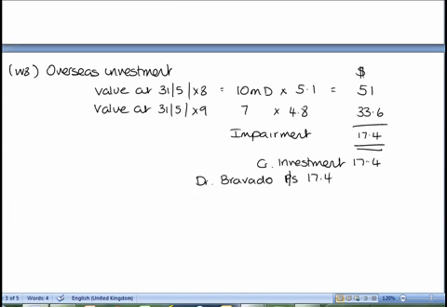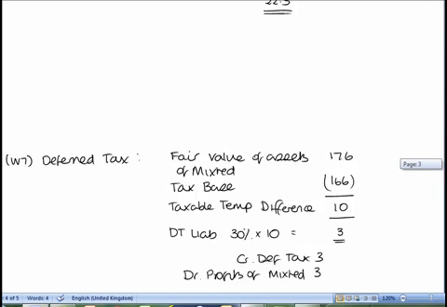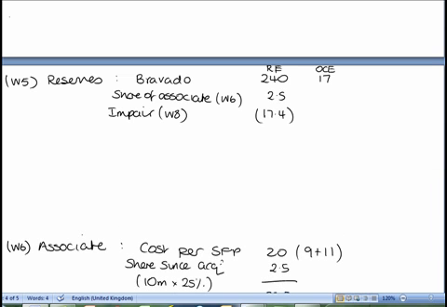Let me try to be consistent with them. Right, they've put it through OCE, so I'll put it through OCE. I mean, you're right to raise that point. I was being ultra cautious.